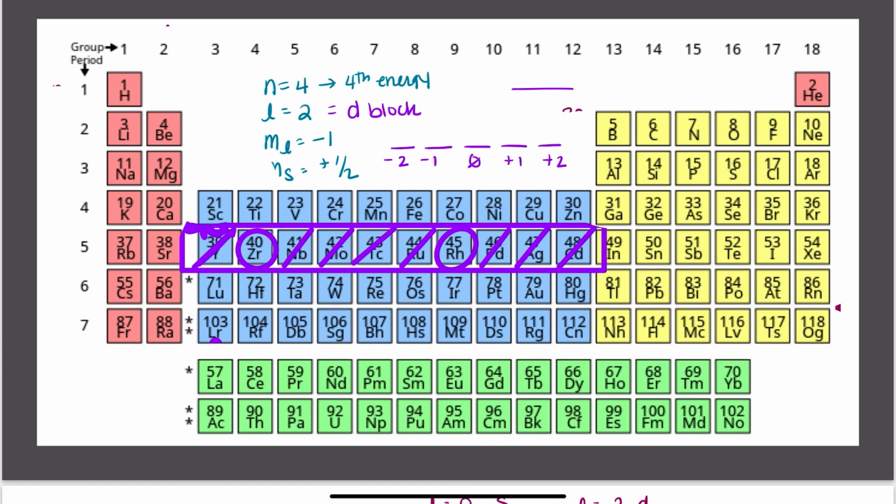I've now narrowed it down to one of 2 elements. Last thing I have is m sub s +1/2. That means the first electron added in, which means it is not that, and we have identified zirconium. So we can use those quantum numbers to identify the exact electron we were talking about on this table.